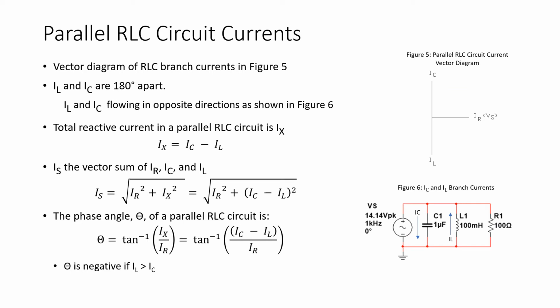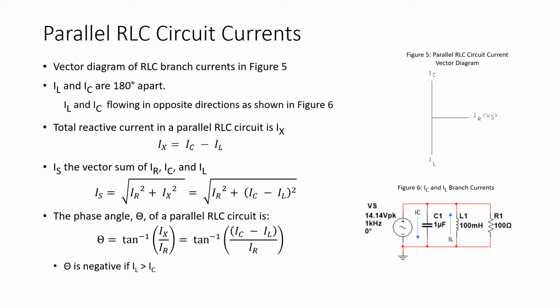Now we illustrate this phase relationship with the branch currents in that parallel RLC circuit with a vector diagram as provided in Figure 5. The resistive current and source voltage are our reference quantities, and they're plotted at 0 degrees on the vector diagram.